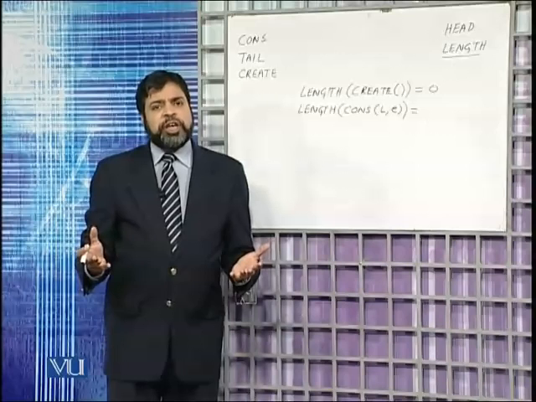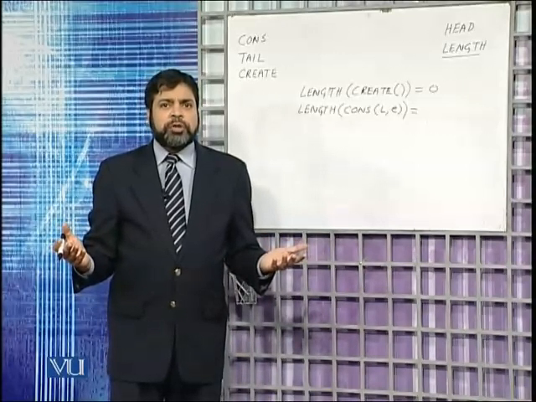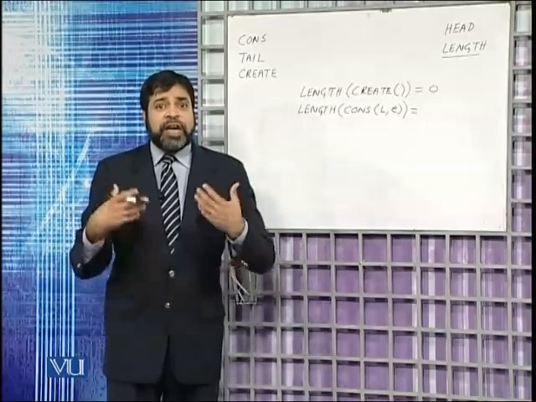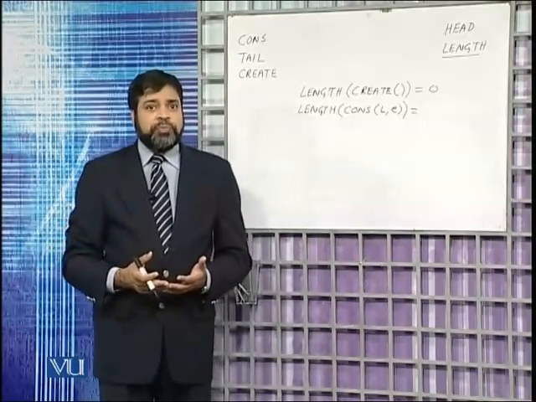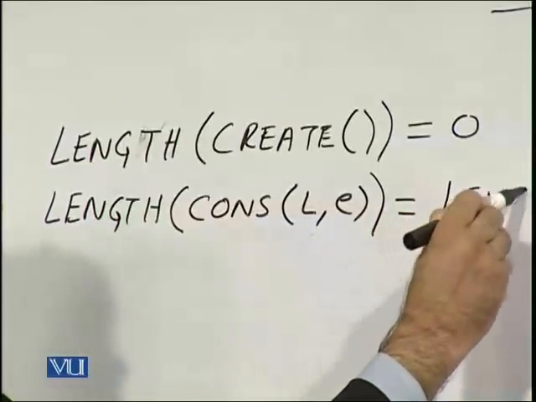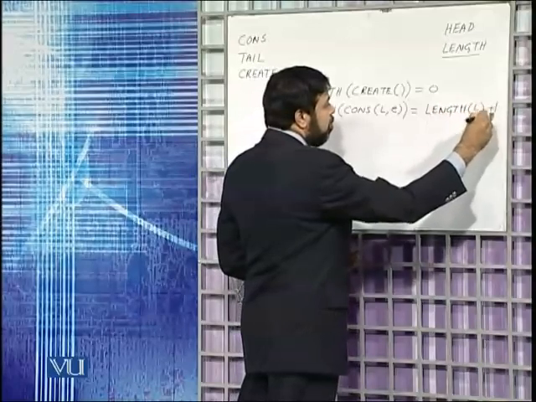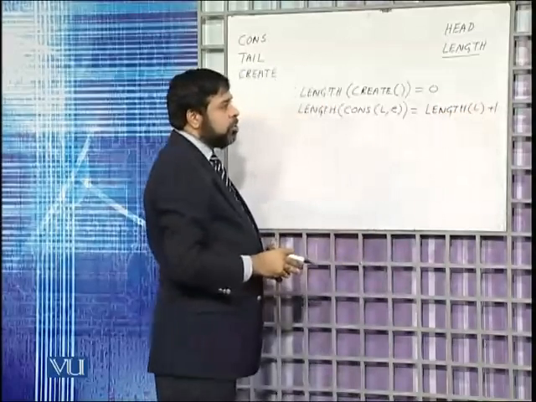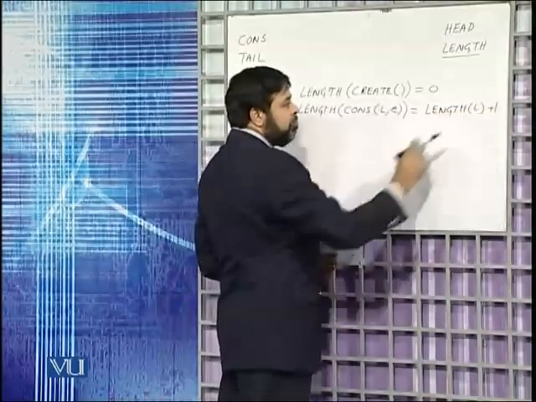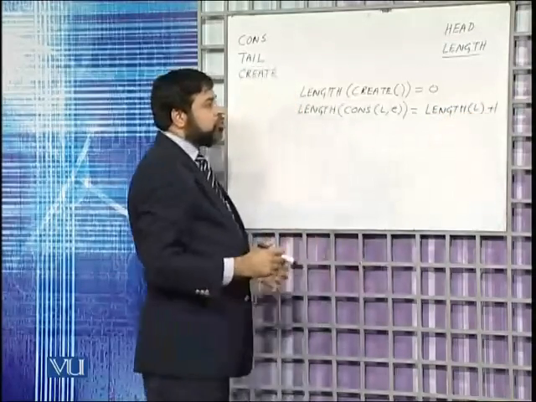Length of the new list is one more than the length of the old list. So we are giving a recursive definition here. So we say it is equal to length of L plus 1, whatever that was. So if that was initially empty, we have one element. If it had two elements, we now have three elements, and so on and so forth.